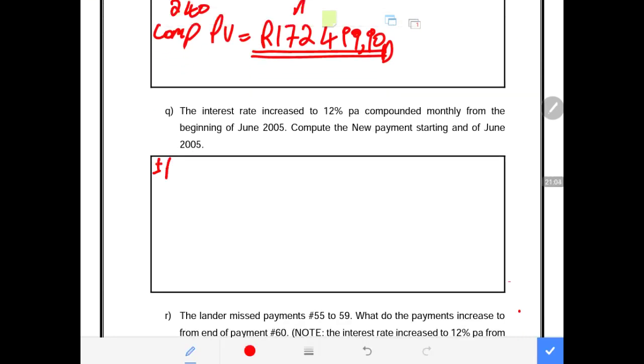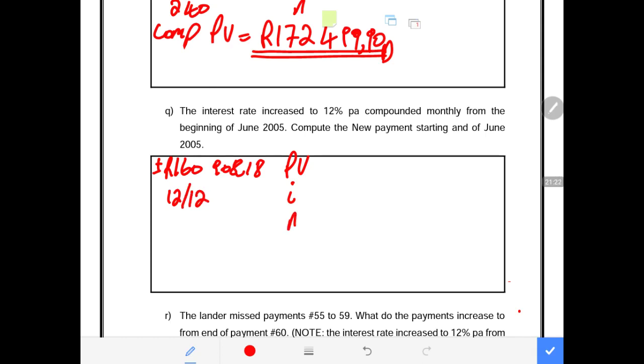This is plus minus. 160,908.18 is our present value. Our interest, remember, has now changed to 12%, 12 divided by 12 because interest is compounded monthly.